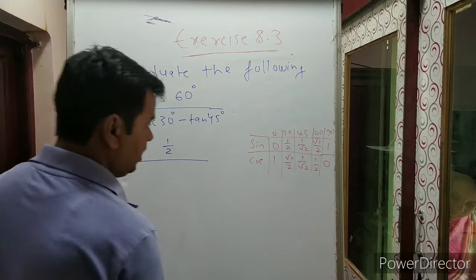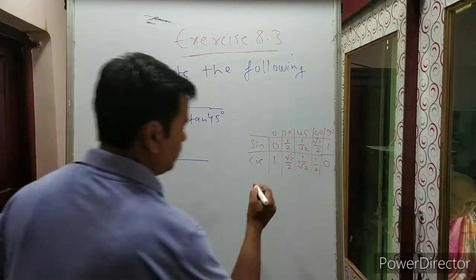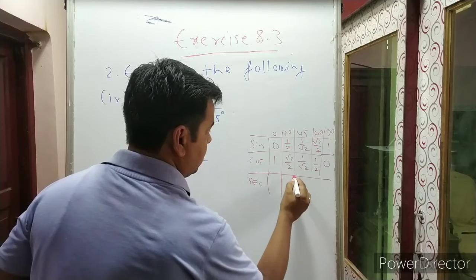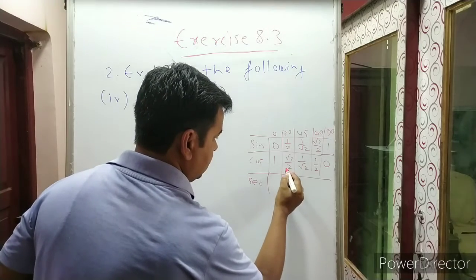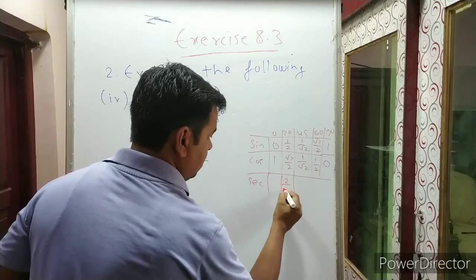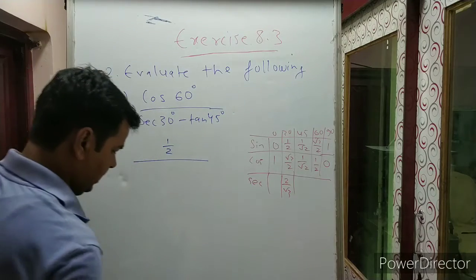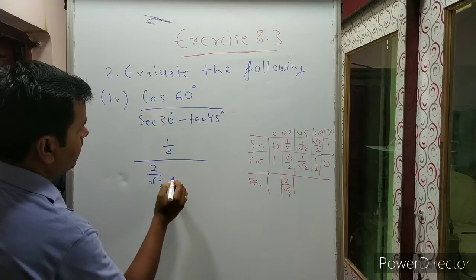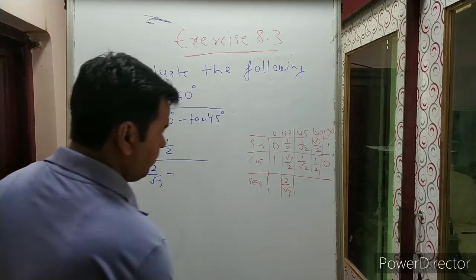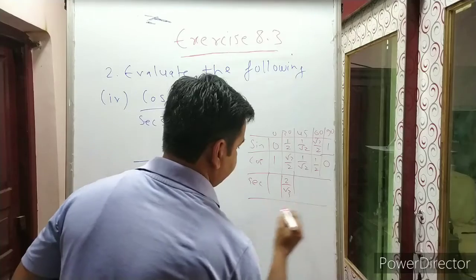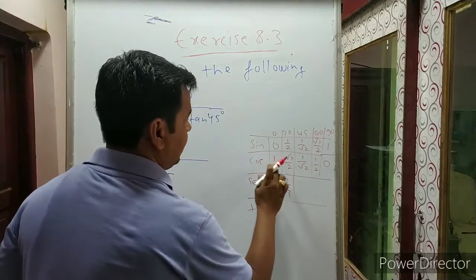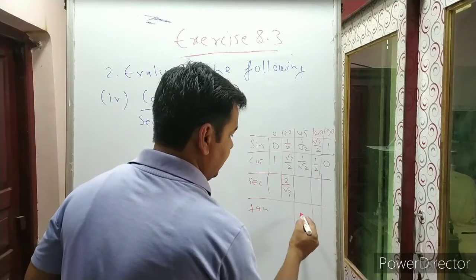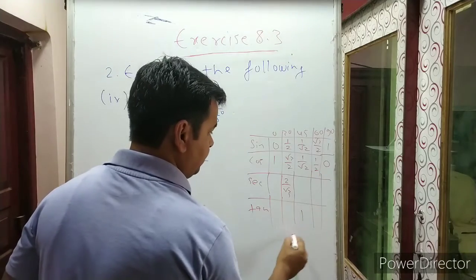Sec 30 would be 1 upon cos 30. So this will be just the reciprocal of this, 2 upon root 3. Okay, 2 upon root 3 minus tan 45. Tan 45 is sin 45 upon cos 45, that will be 1. Okay.